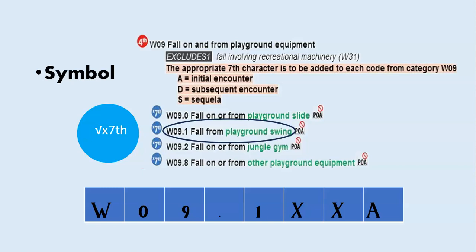The first X is required as a placeholder for the fifth character in certain 6-character codes. XX is required as a placeholder for the fifth and sixth characters in certain 7-character codes. When a placeholder character applies, it must be used in order for the code to be considered valid.